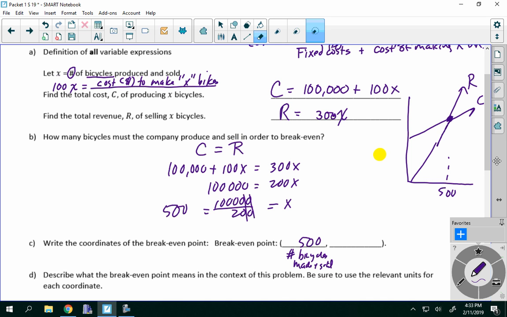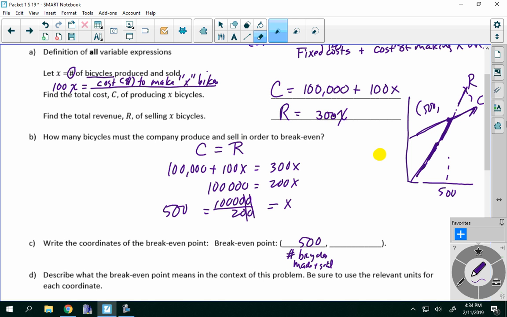So this is 500, comma, and now to find the actual cost and revenue, it's going to be a point on both of these lines. When I redrew this, my pen is not lined up right. Anyway, you get the idea. Those are two straight lines, even though they look like there are multiple lines here.